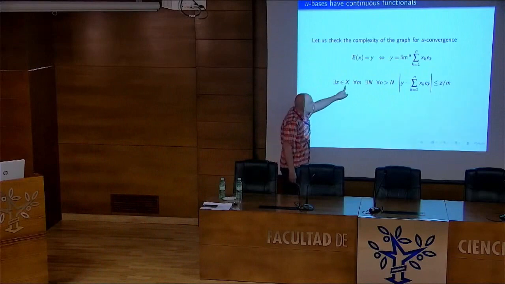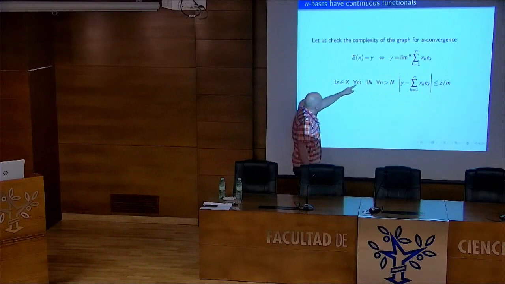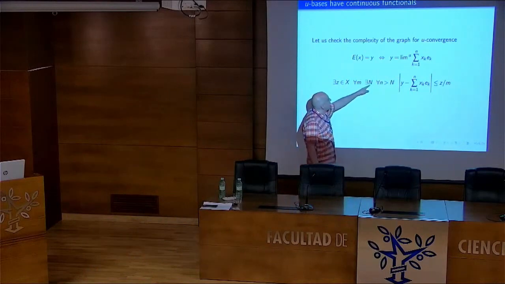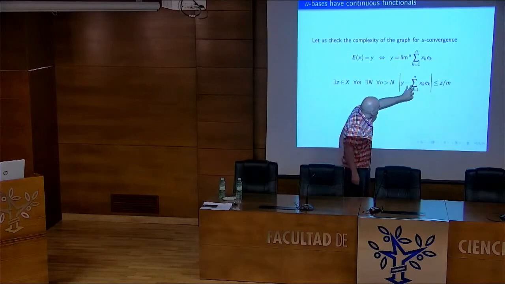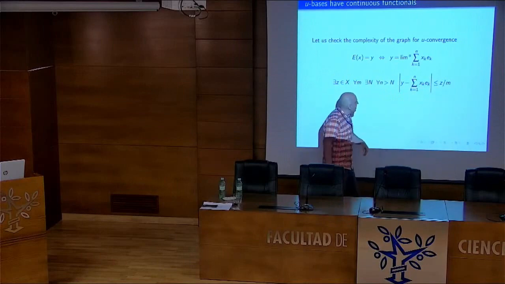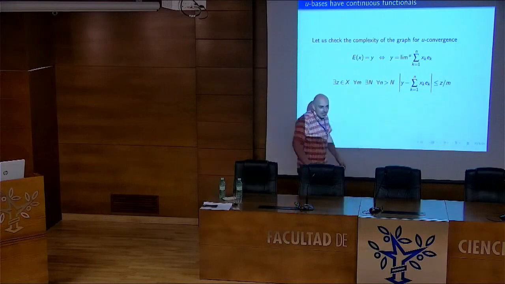And then, because I had said over M, this is now a countable quantifier. And eventually means that there is some number after which that happens. And this is continuous stuff: inequalities, summing. So this is one quantifier, exists over a Polish space, and the rest is Borel. So that is sigma 1, 1.